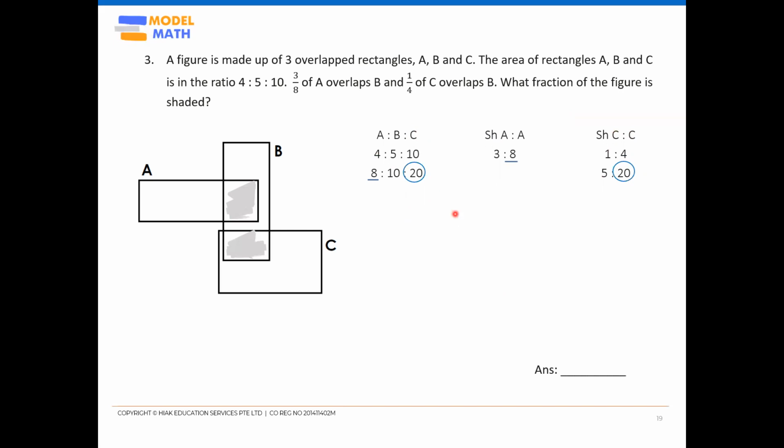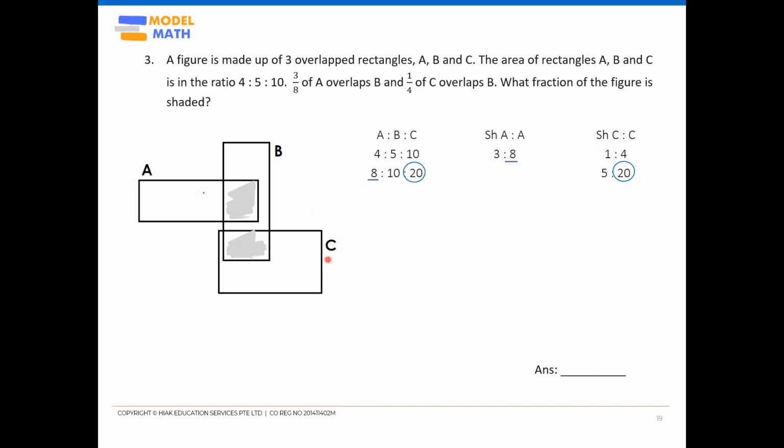Okay, so once this is done, what we're going to do next is annotate down the respective units onto the diagram. Now before I annotate, I want you to notice that the diagram is actually made up of different areas, different portions.